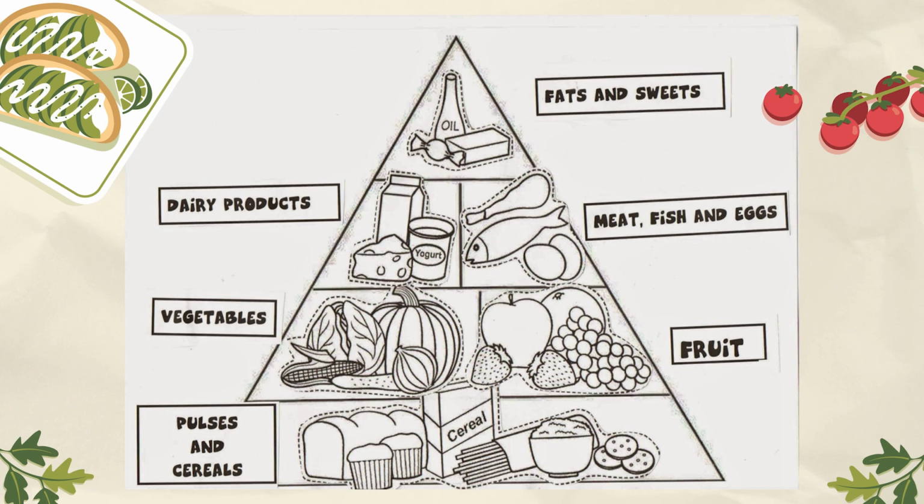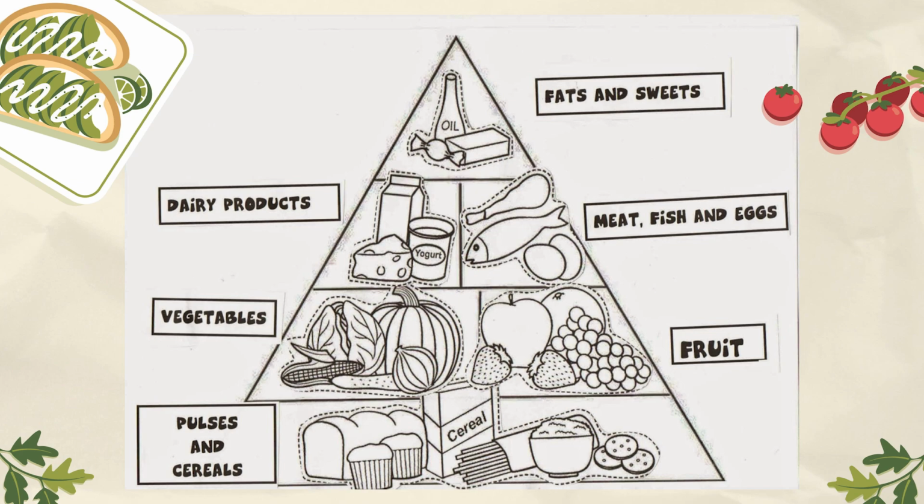Yes. See, you can see the pyramid which is in a triangle shape and the base is very wide, right? And the top of the pyramid is very narrow, right? We can see a smaller triangle at the top of the pyramid. In this pyramid, the foods which we consume in a larger quantity are at the base.